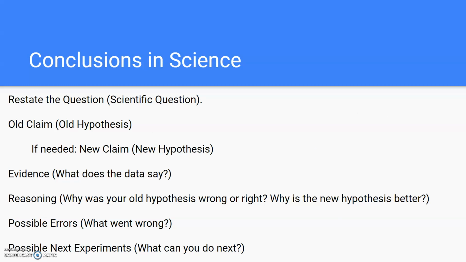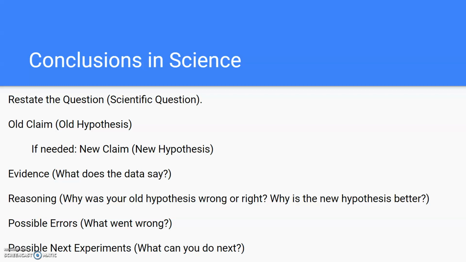So we have restate the question. We have our scientific question. When in ELA you would restate the question that the person asked you. In science we already have a question that we asked ourselves. So we're going to restate the scientific question in science. Then we're going to move on to our old claim.